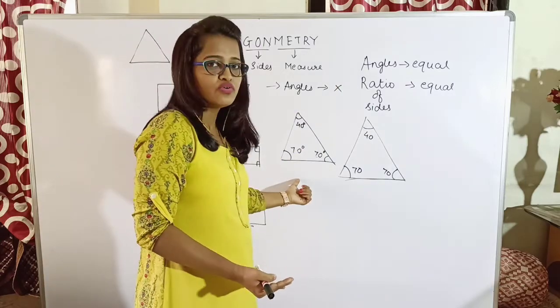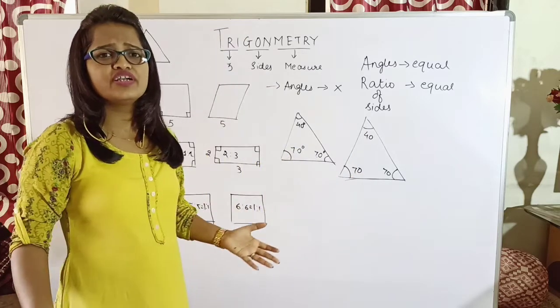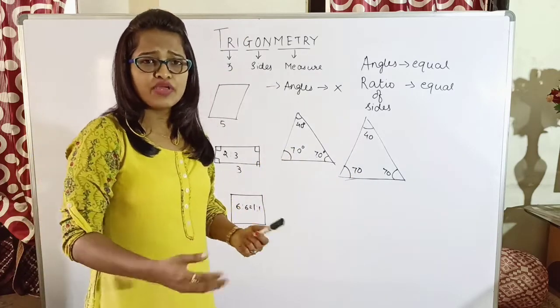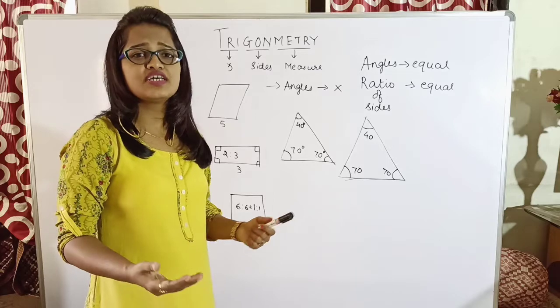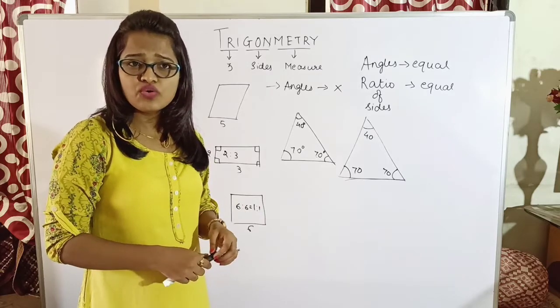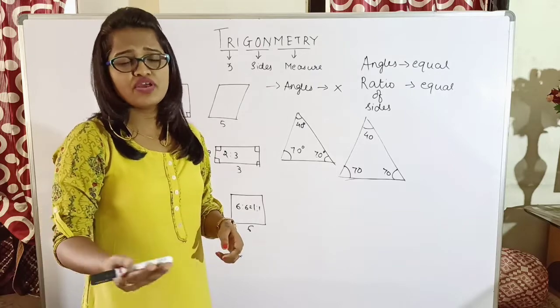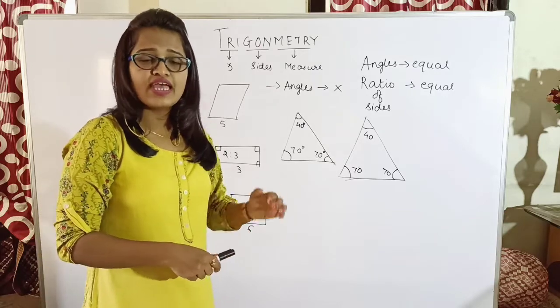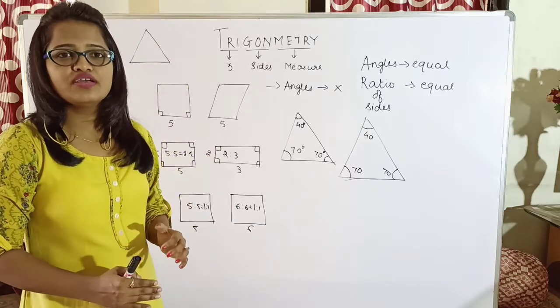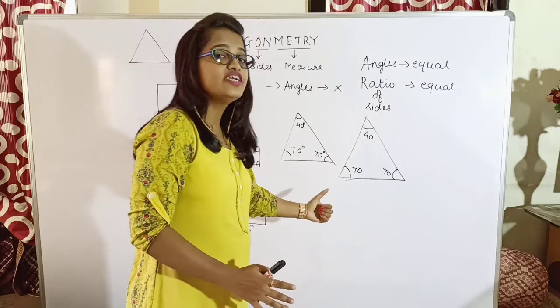But with respect to triangles, once I get to know that they have the same angles, I am not worried about the ratio of the sides, because practically the ratio of the sides is proportional, isn't it? That is what the similarity criterion told us. If the angles are equal, then their corresponding sides are in the same ratio, and we have also proved it. Fine. And hence we are looking for the ratio of the sides with respect to only triangles.